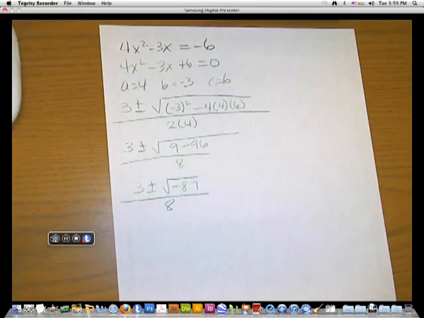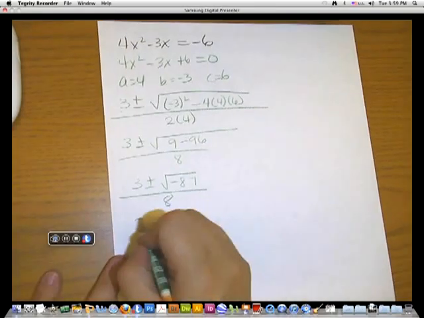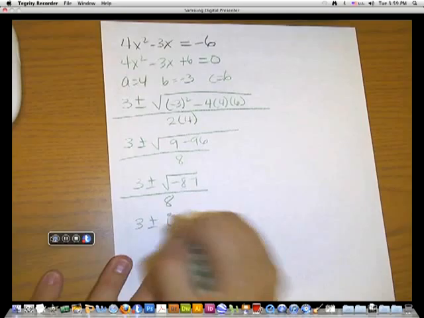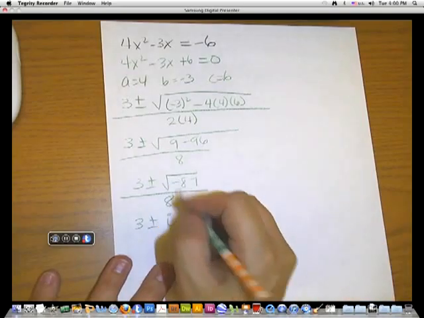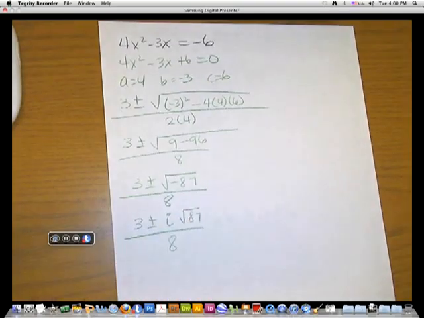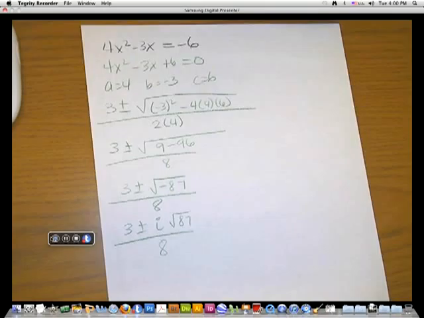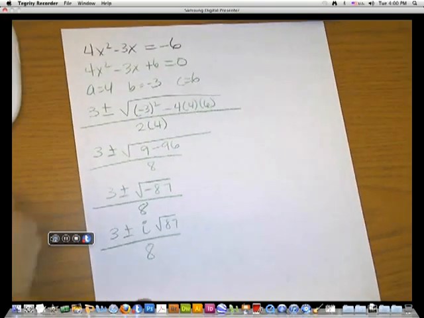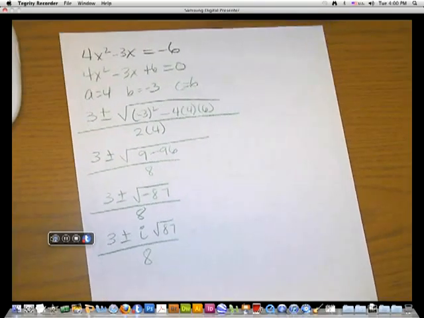Negative 87 cannot be factored, but the negative can. So it's imaginary. Square root of a negative is imaginary. All over 8. And we just leave it that way. Don't separate it out. Don't try to change it to anything. Leave it the way it is. So that's an imaginary answer.